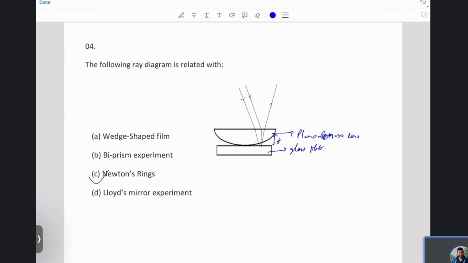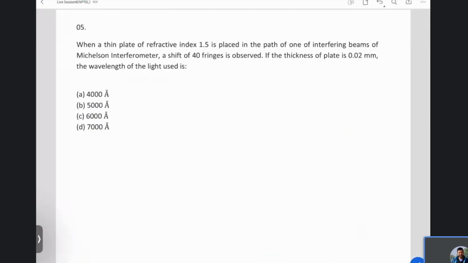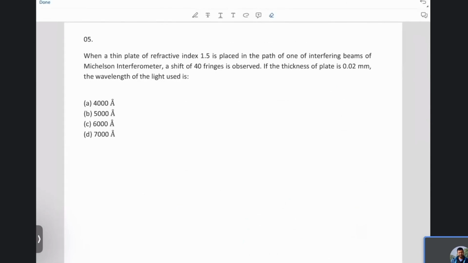Okay, so let's go to the fifth problem. It is a problem on Michelson interferometer. So the question is, when a thin plate of refractive index 1.5 is placed in the path of one of the interfering beams of Michelson interferometer, a shift of 40 fringes is observed.